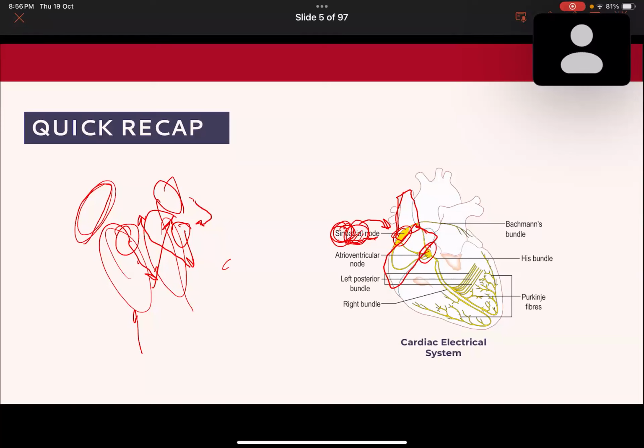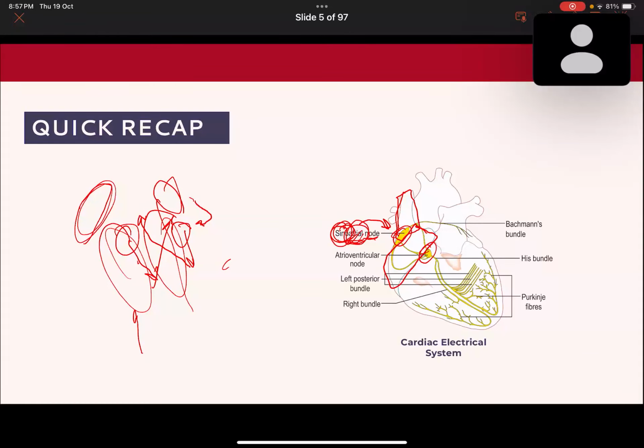Now, the AV node is important in two things that you guys should be aware of. First thing is what I explained a few seconds ago, and that is that the atria should contract before the ventricles. You guys might be wondering, why do we need to have the atria contracting before the ventricles? Why can't they just all contract at the same time?